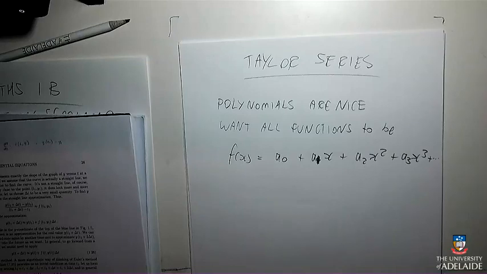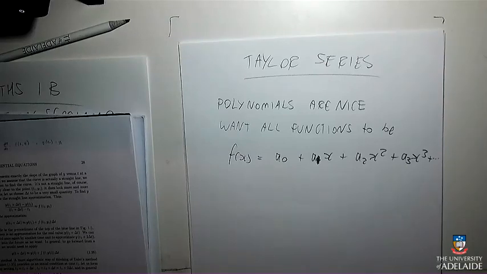Or we might not be interested in the actual x, but we might want to write them as if they were being measured around a certain point. A little bit like how a circle, you can write its equation not with an x squared plus y squared, but with an x minus 1 squared and then a y minus 2 squared to put it in a different centre.